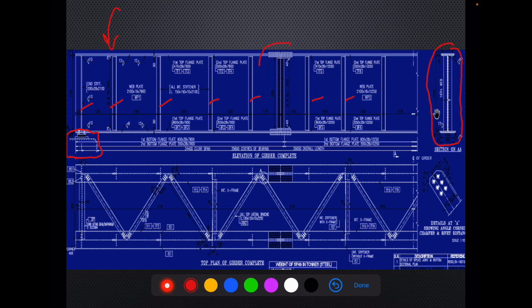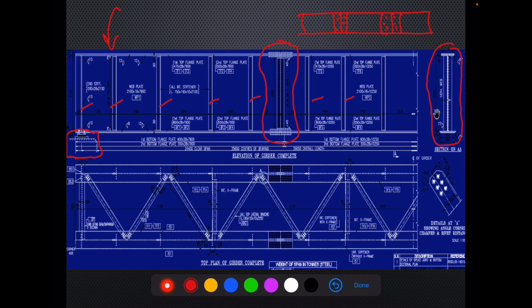Then we have the splicing arrangement shown, for when the girder is fabricated in parts, so it has to be assembled at site with the help of splices. So splicing is done.